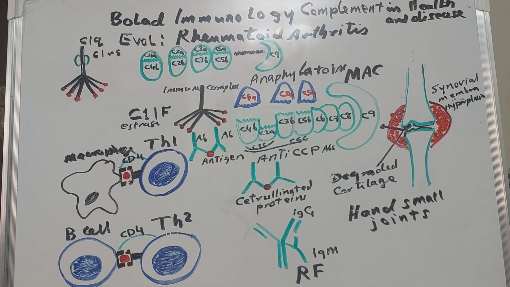So as I mentioned before, in case of rheumatoid arthritis, there is an inflammation in the joint, and there should be a trigger. The trigger that predisposes the inflammation in the joint may be infection, may be inflammation, may be trauma.